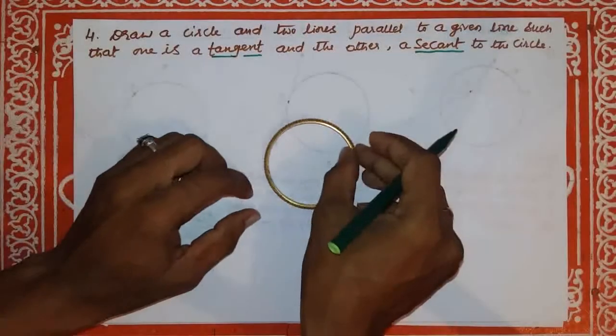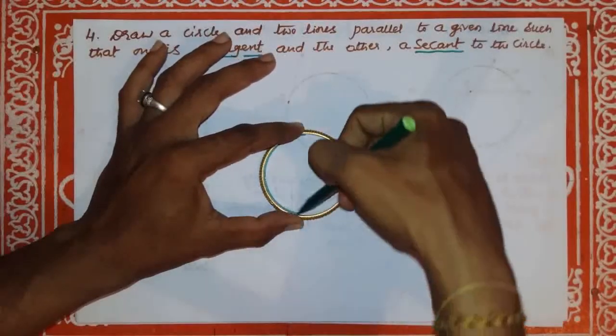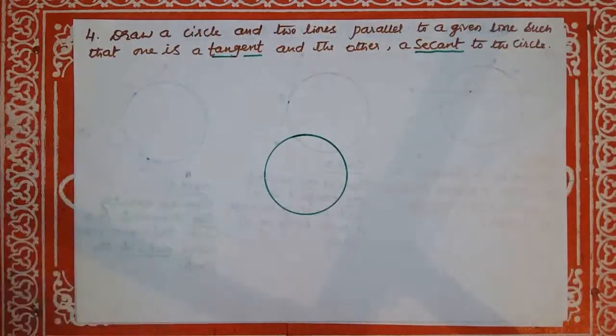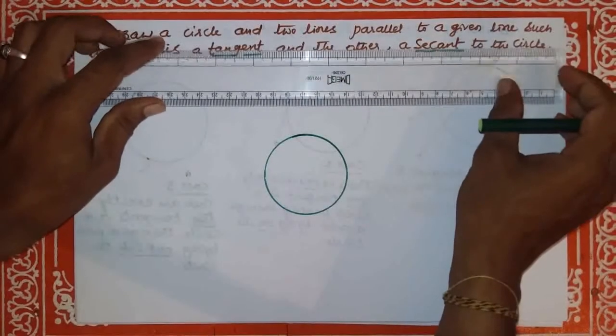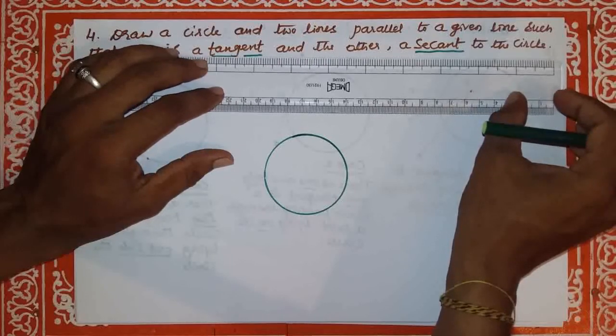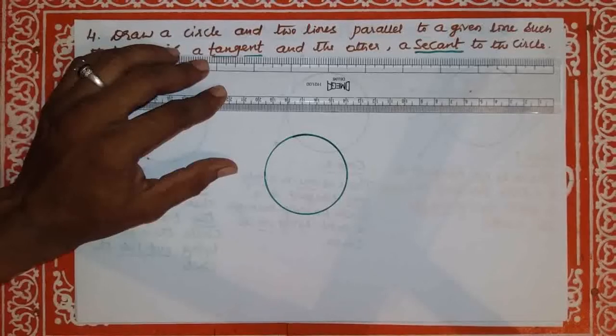Okay, let us see. I will draw a circle and draw a line AB outside the circle.